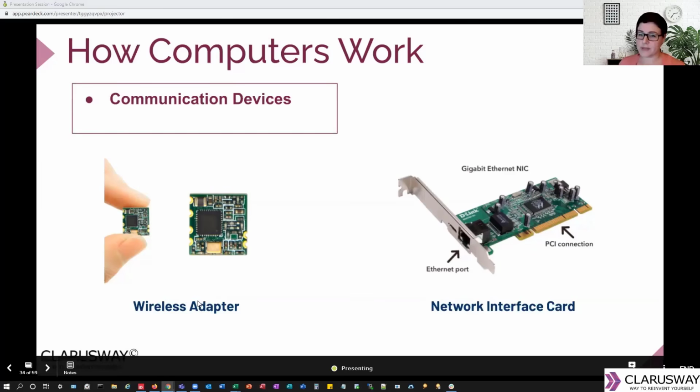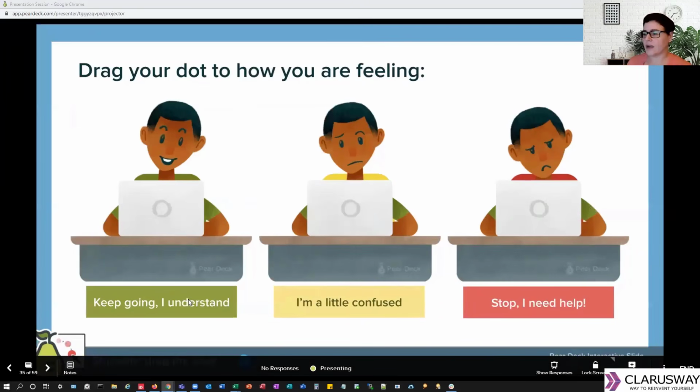Your wireless adapter in your home is connecting to a wireless router. Your network interface card connects to your network through a cord, an Ethernet cable. Okay, so that is hardware.